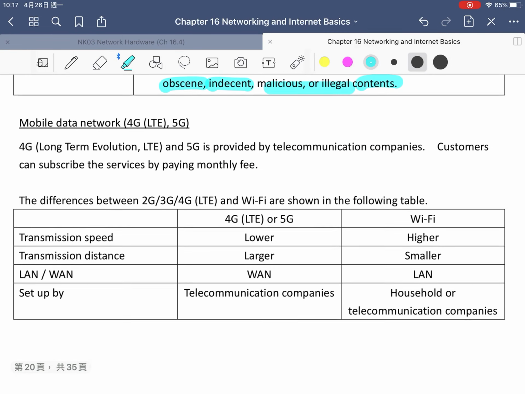So we have the mobile data network, 4G, LTE, or 5G. The G here stands for generation. Customers can subscribe to the service by paying a monthly fee.